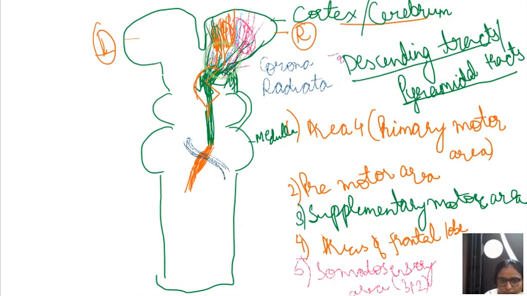Fine. So this shape, the decussation means crossing, looks like a pyramid. That is why they are called the pyramidal tracts. And the decussation is occurring here, so it is called your pyramidal decussation.